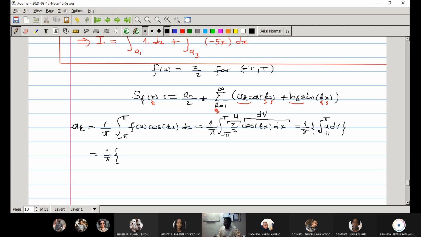Now we know that this inner integral will become uv from negative pi to pi, minus the integral of v du. So that's integration by parts.